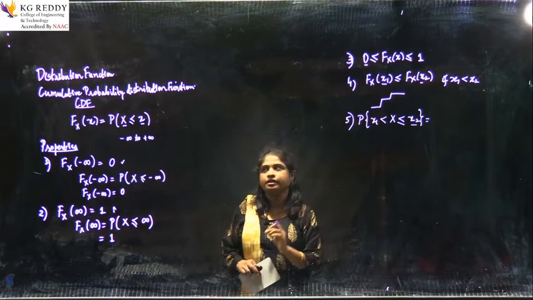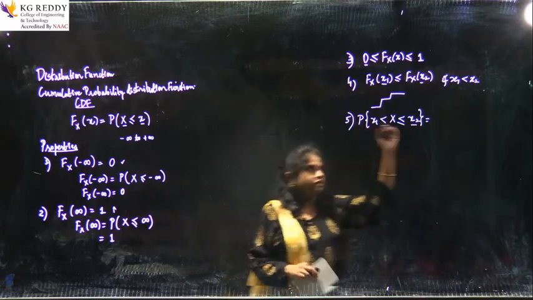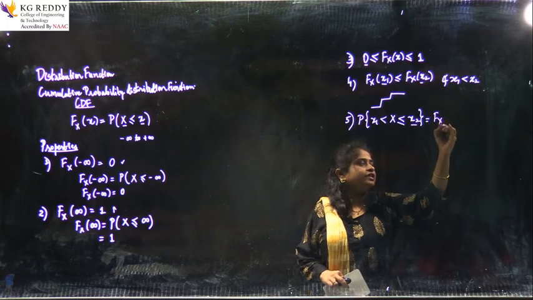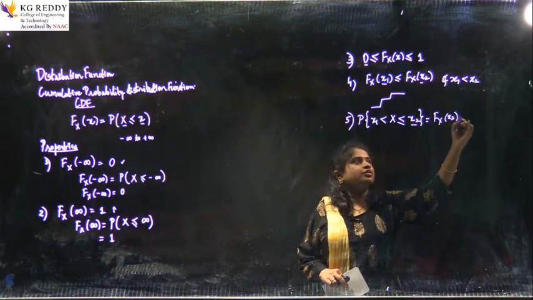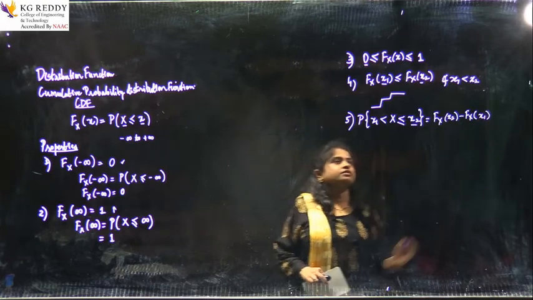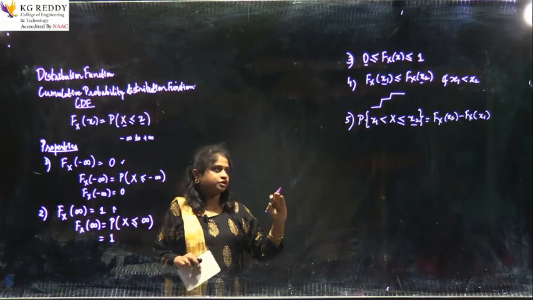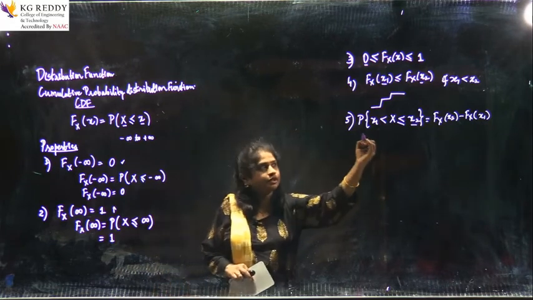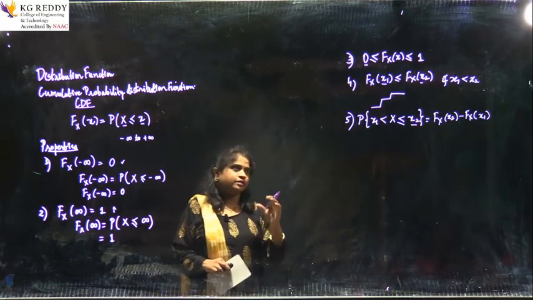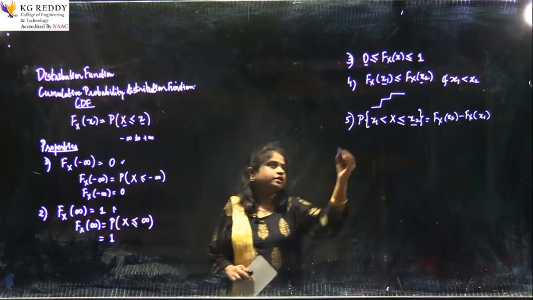We will be getting the probability value from x1 to x2. We will just be doing f(x) of x2 minus f(x) of x1. Just by subtracting the cumulative distribution function values, we will be getting the probability value from x1 to x2.